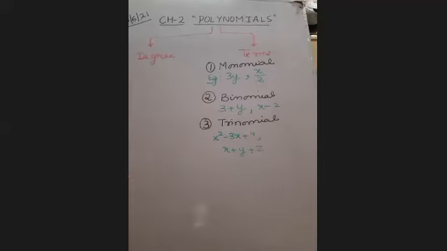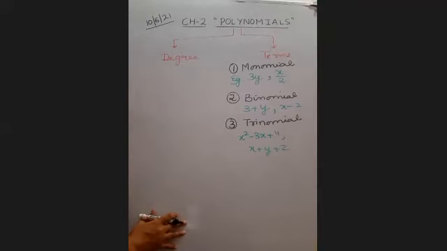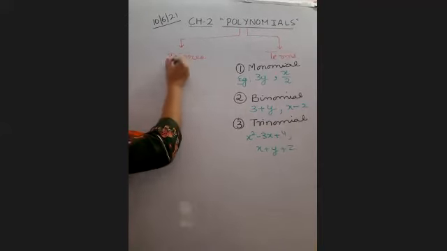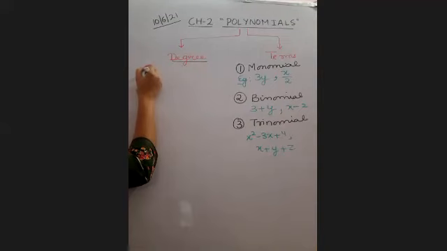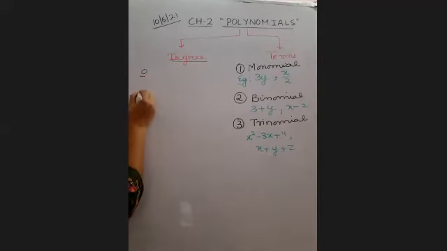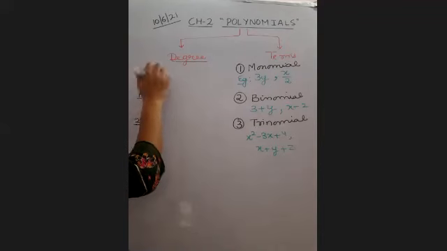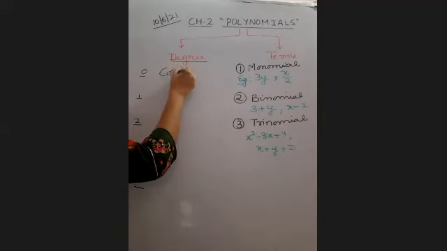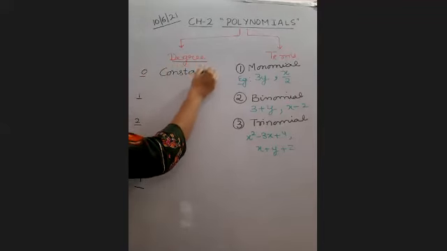Now, if I divide it on the basis of degree, let's see. Start with 0, 1, 2, 3, 4. If the degree is 0, it is called constant polynomial.